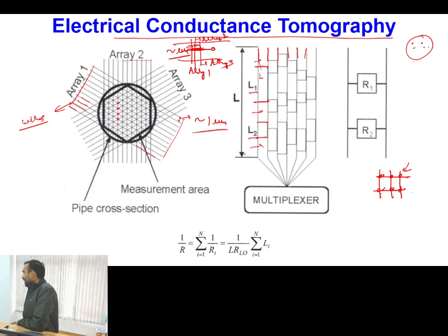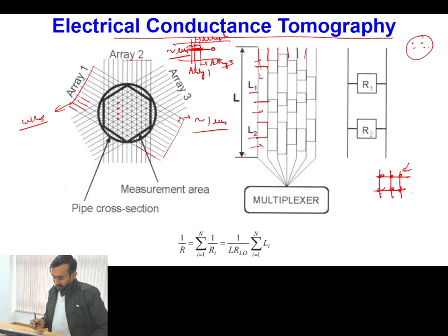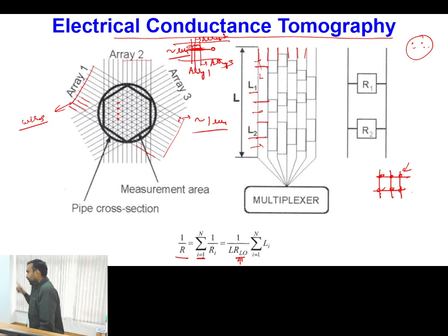I can define the individual resistance between a set of two wires depending upon the contact. So if I can define this resistance, then I can say that the overall resistance will be the summation, i varies from 1 to n, of 1 by Ri into 1 by R_LO, where R_LO is the resistance of the wire when one particular type of fluid is completely flowing over the area of the wires.